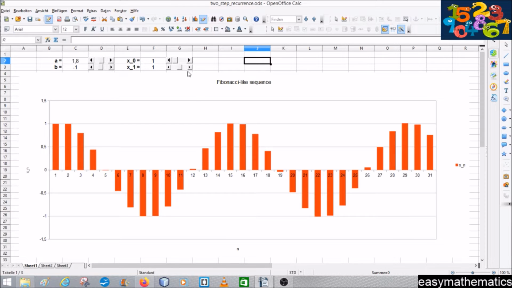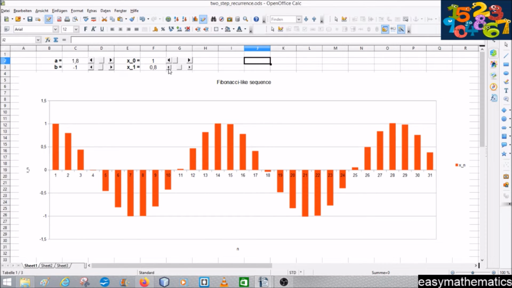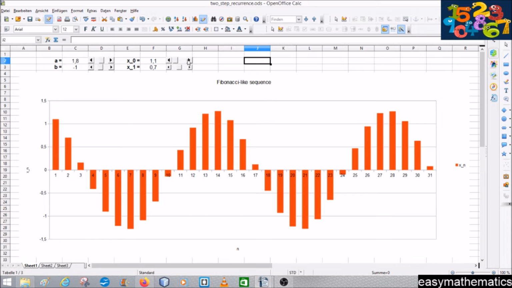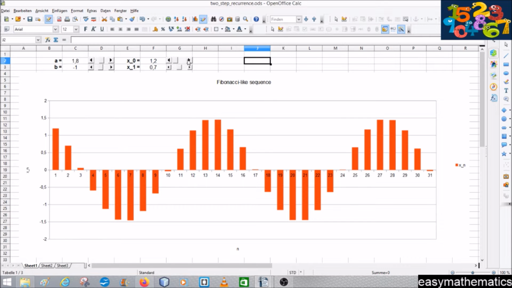Okay, and I guess I will upload this sheet so you can play around by yourself, change initial values, and here we see we get some nice periodic behavior. This is very interesting in my opinion.